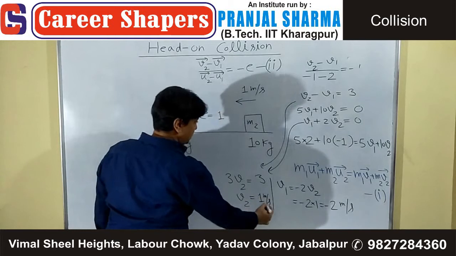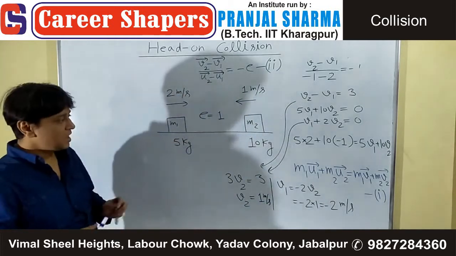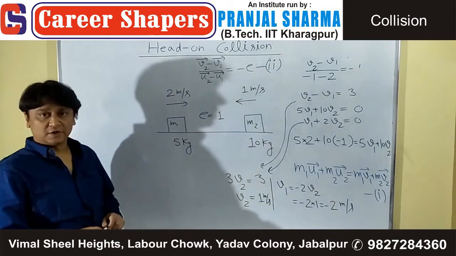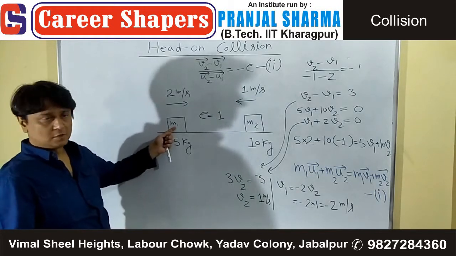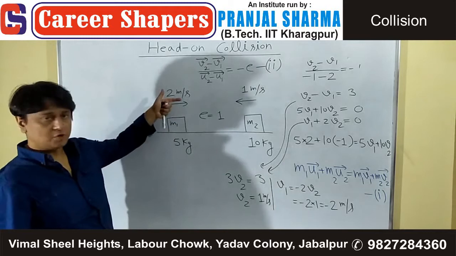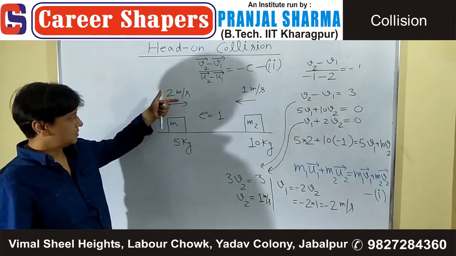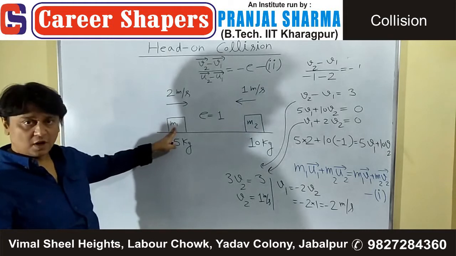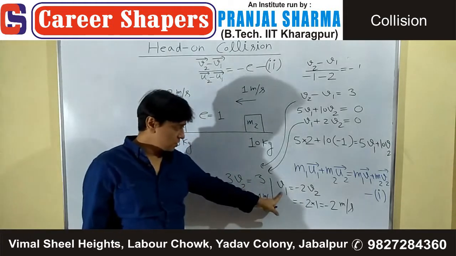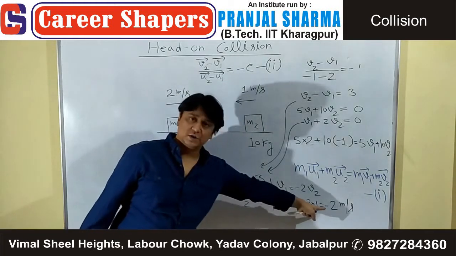V2 is 1 meter per second. Now hopefully you can see the result which we have obtained. M1 was moving in this direction with 2 meters per second. Now the velocity of M1 after collision, V1, is minus 2.